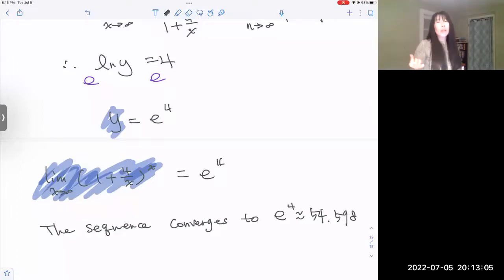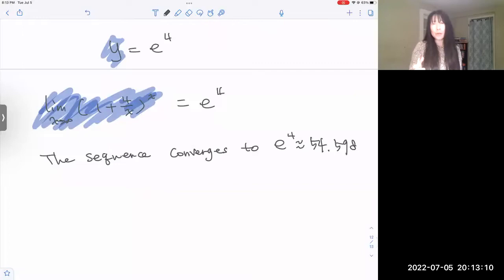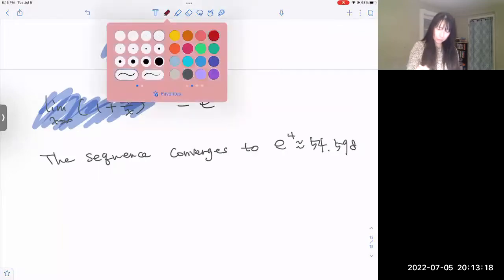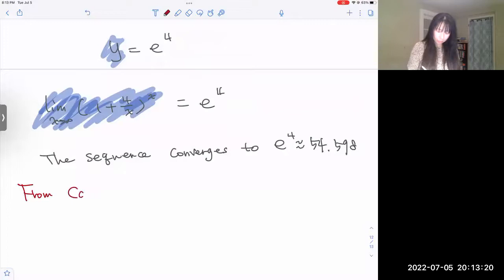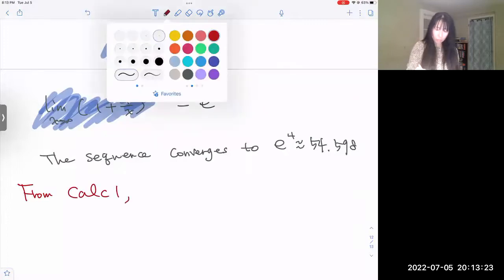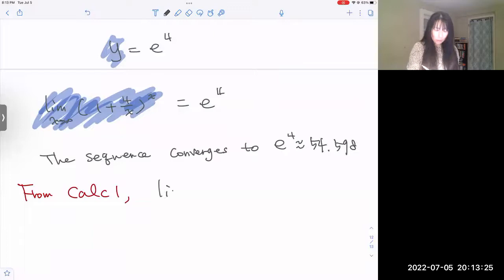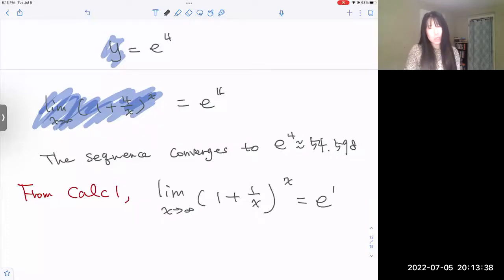All right, let me give you a tip. We learned in Calculus 1 the limit as x approaches positive infinity of (1 + 1/x) to the x power is e, which means e to the 1st power.